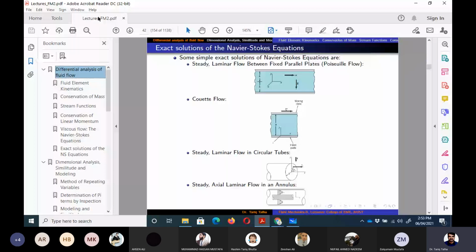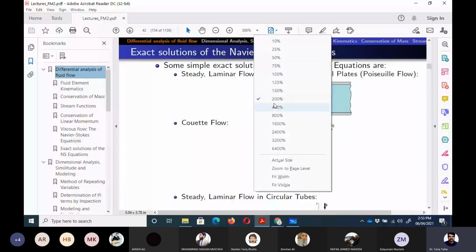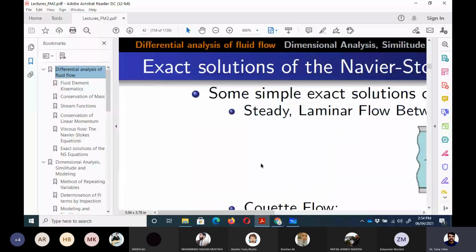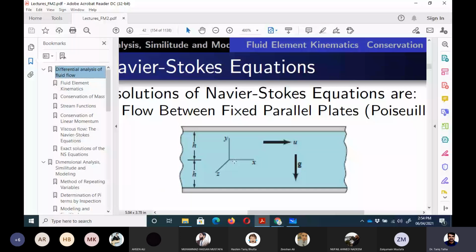If I zoom in a little bit, one thing I want to mention in the figure on the top is that the coordinate system is defined at the center between the plates rather than at the lower plate.